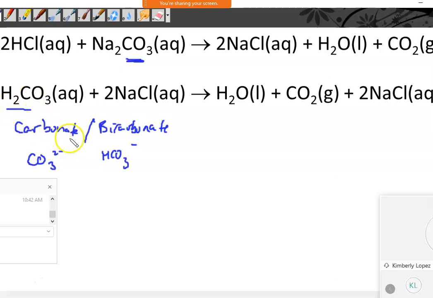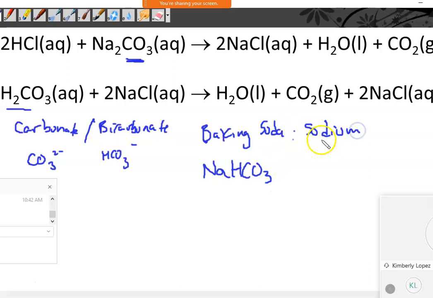Okay, so what happens? I'll give you a perfect example, like baking soda. Right? Baking soda, the formula is sodium bicarbonate. That's the formula for baking soda. So if you have baking soda in your house, you can look on the back of it. It's a sodium bicarbonate.